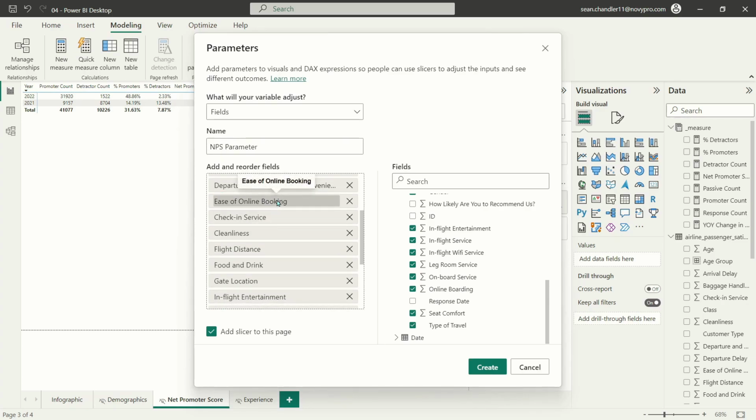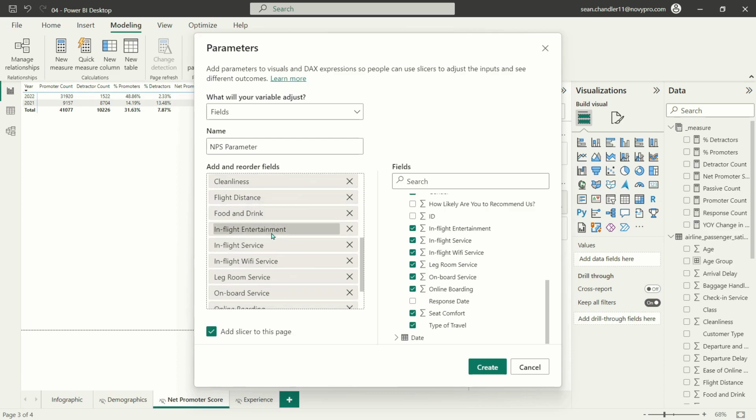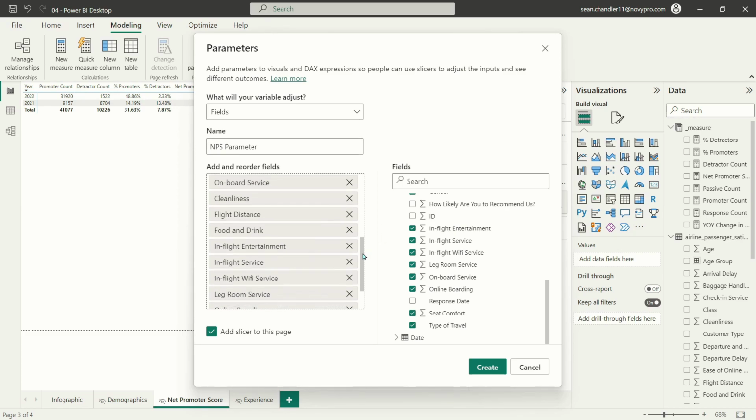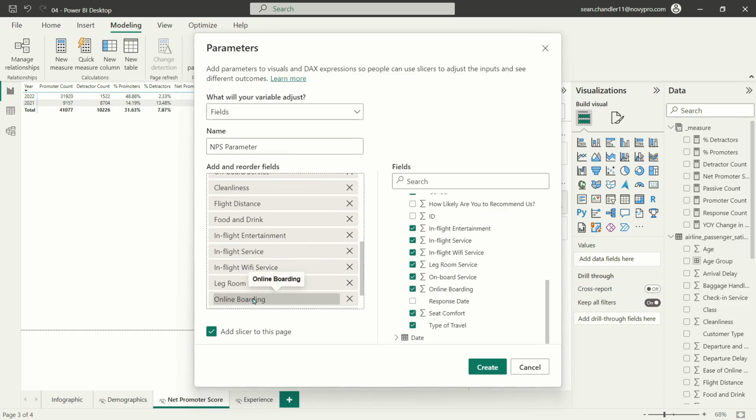Ease of online booking comes very, very early in the process. Check-in service does as well, as does gate location, as does the onboarding service, which is the actual act of getting on the plane.